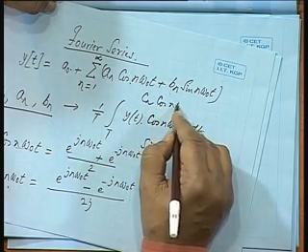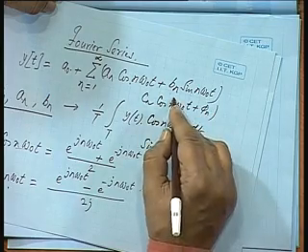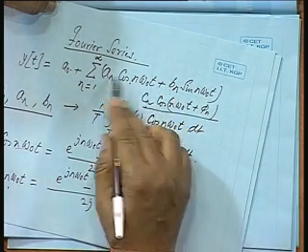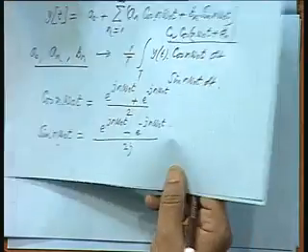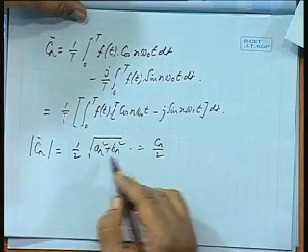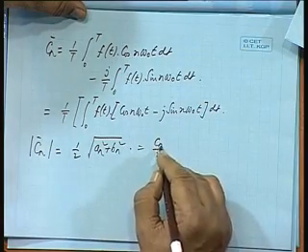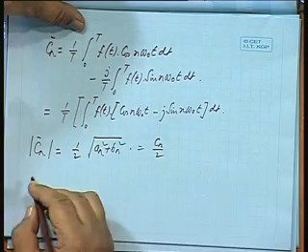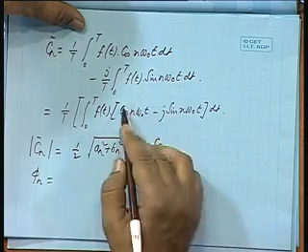If you remember, when we expressed these quantities together by Cn earlier, we had written cos(n omega naught t plus phi n) in this form, where Cn squared is an squared plus bn squared under root. Here it is that divided by 2.